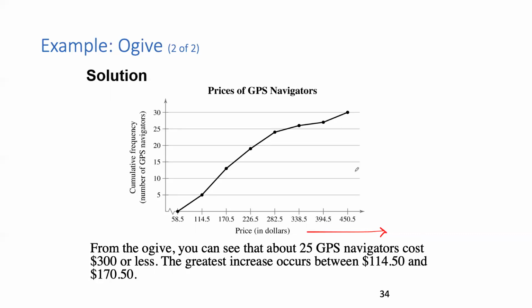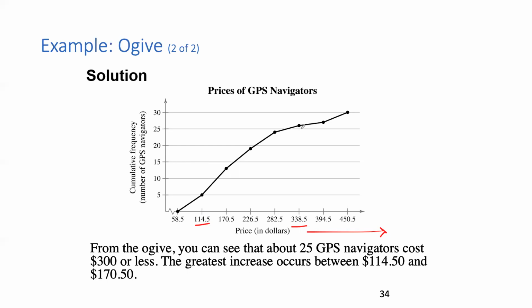Between 114.5 and 338.5, you can see that about 25 of those GPS devices are located in this range. So most of those GPS devices are in this range.